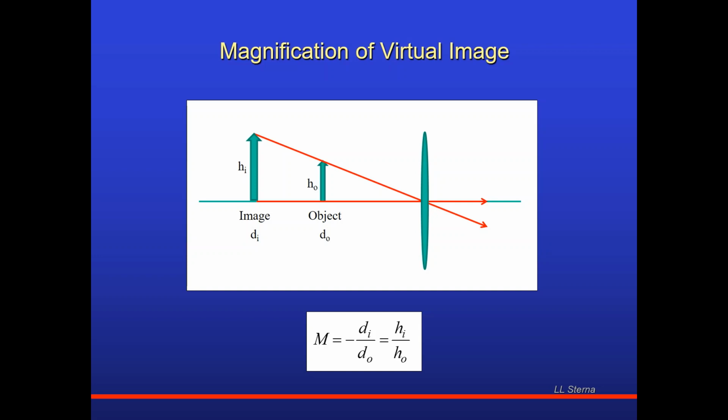The horizontal sides will be in the same ratio as the vertical sides. Di to Do as Hi to Ho. However, Hi and Ho are both positive. Do is positive, Di is negative. To make the relationship work, it's minus Di over Do equals Hi over Ho.